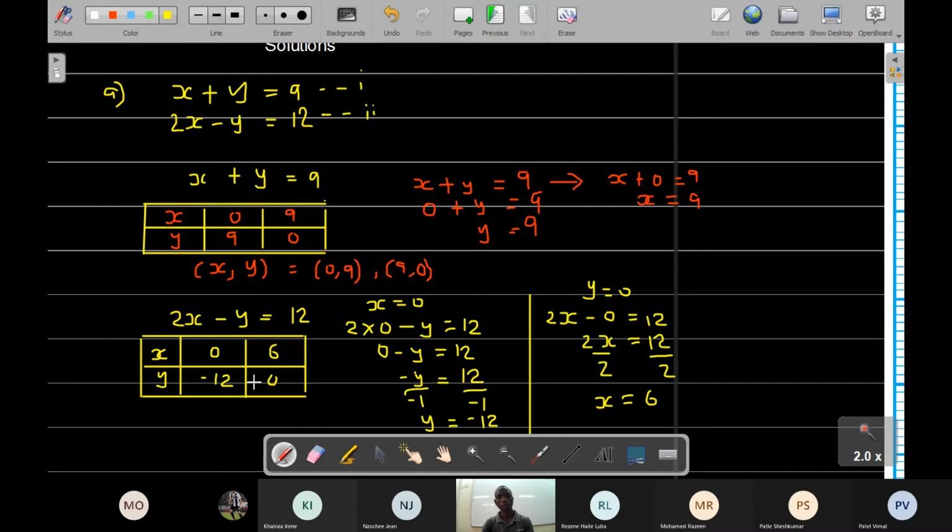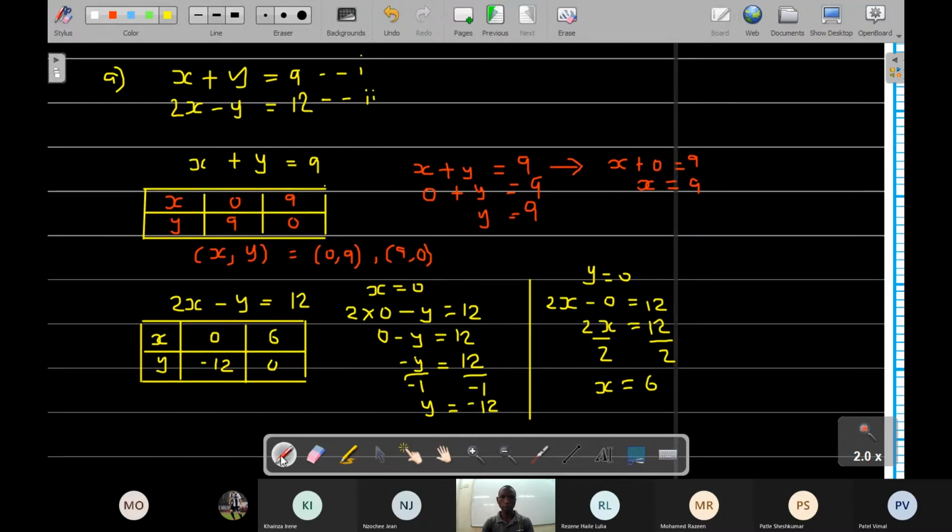So you write the 6 in that column, as the value of x, because when y is 0, x is 6. When x is 0, y is negative 12. So this is how we get it. Then you can write down your pair of coordinates.